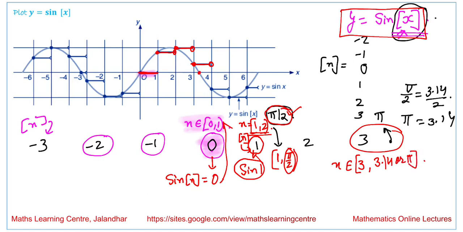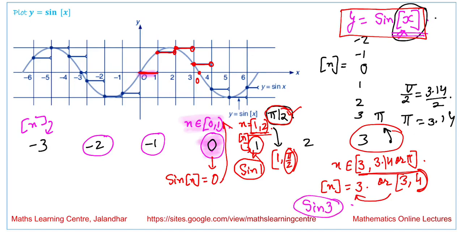For all the values from 3 to 4, the open interval, the greatest integer of x is 3, and the value of this function will be sine of 3. So these are the values we are talking about.